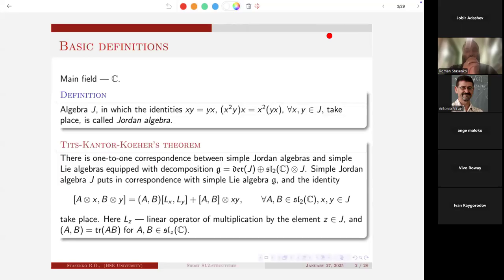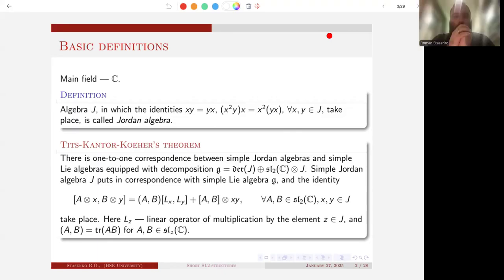If you replace it with an algebraically closed field of characteristic 0, all the statements will still be right. But for me, it's very important to use only the field of complex numbers.